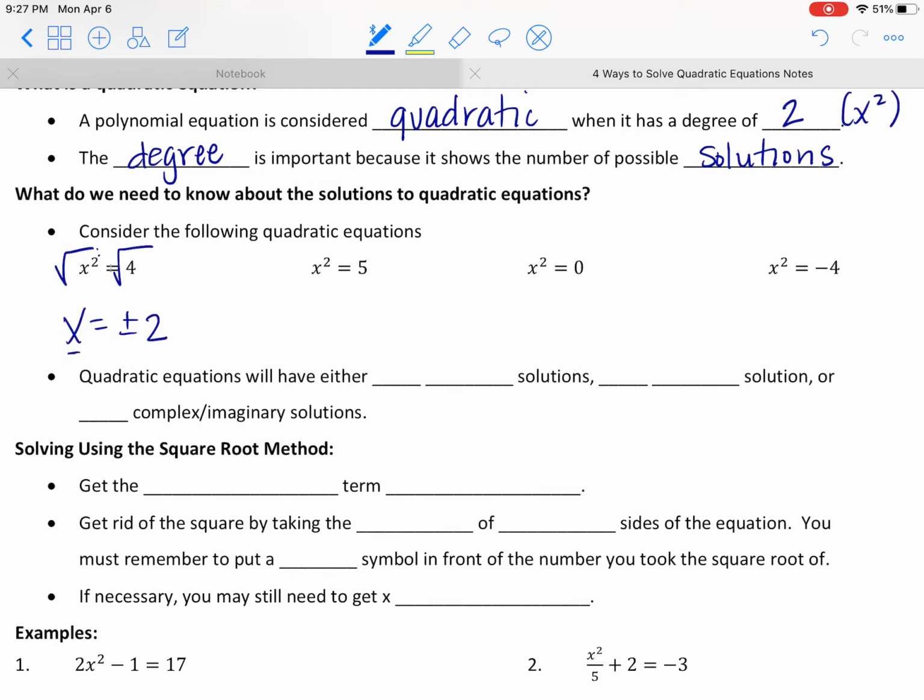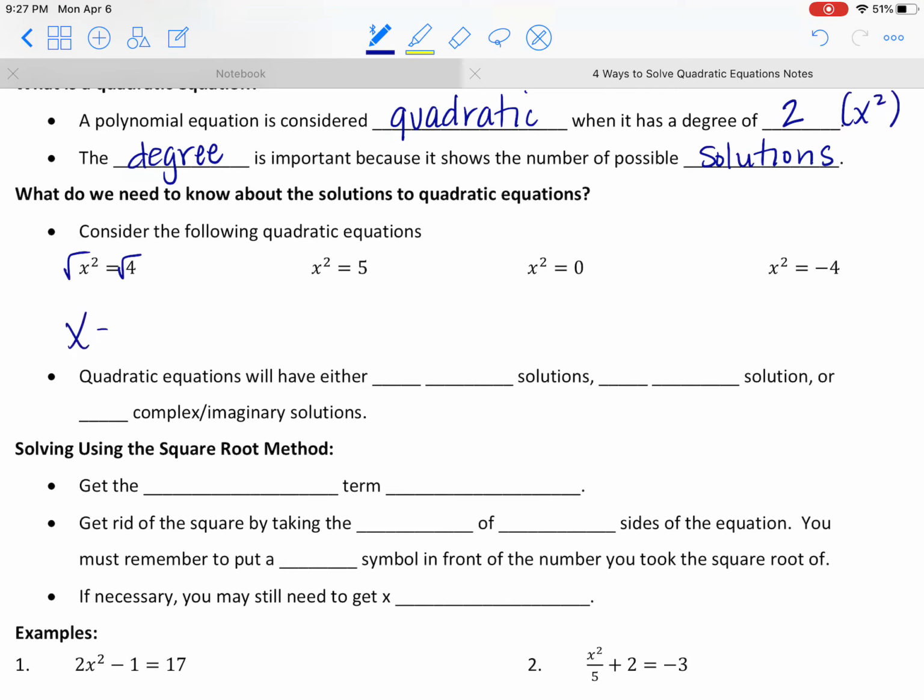So if I took the square root of this side, and the square root of this side, the square and the square root definitely cancel to give me x, but on the other side, the square root of 4 would only be 2. That's still true, the square root of 4 is 2, but we're not really looking for the square root of 4 here. What we're looking for is what number squared makes 4, and so when we take the square root in the solving process, we have to put the plus or minus in there, because both the positive and negative squared are going to produce that result.